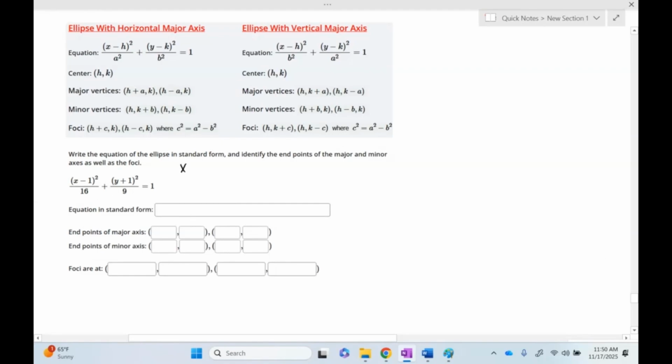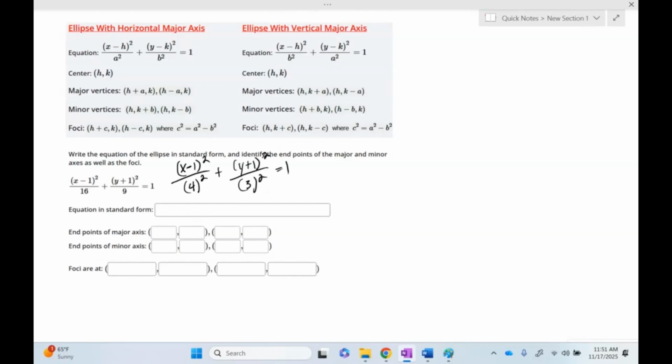So in standard form, this is going to look like (x minus 1) quantity squared over 4 squared plus (y plus 1) quantity squared over 3 squared is equal to 1. All right, so that is standard form.